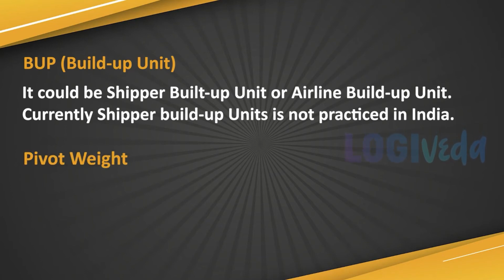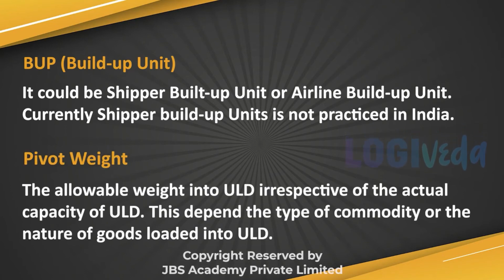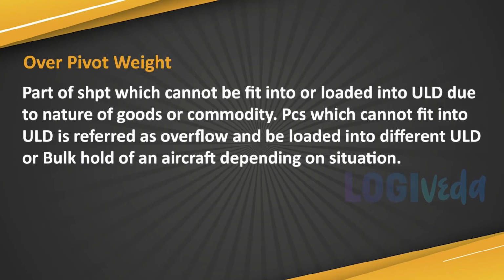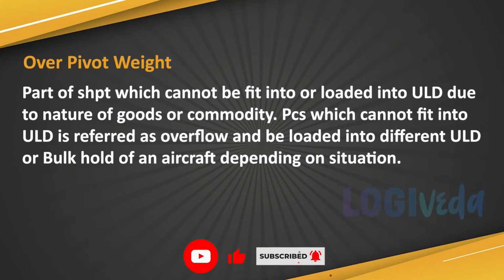Pivot weight. This is the allowable weight in the ULD, irrespective of the actual capacity of the ULD. This depends on the type of commodity or the nature of goods loaded into the ULD. Over pivot weight. This is the part of shipment which cannot be loaded on the ULD due to the nature of goods or the commodity.